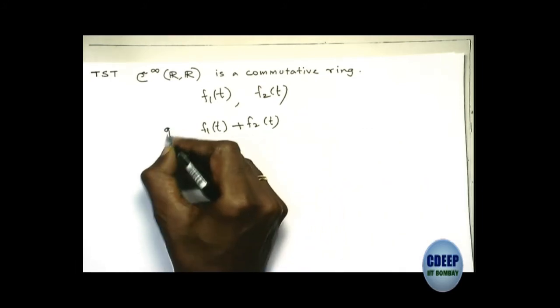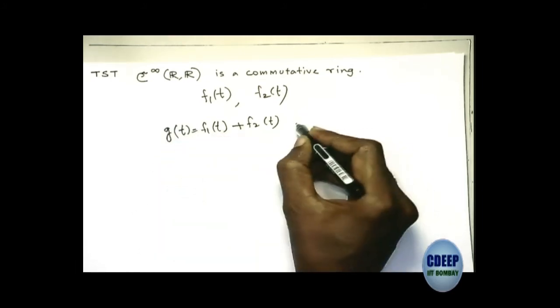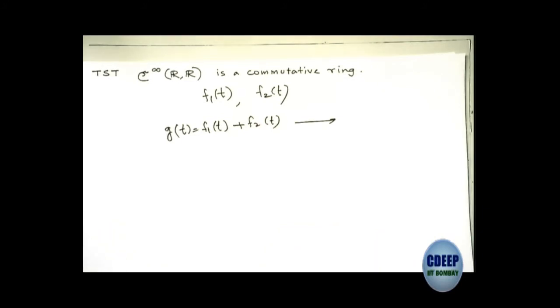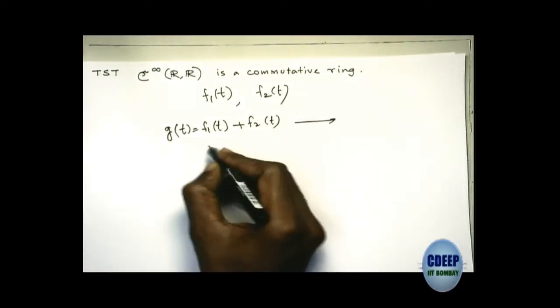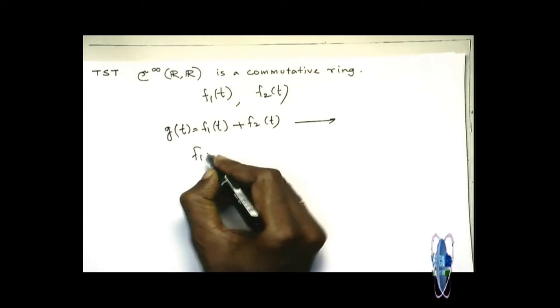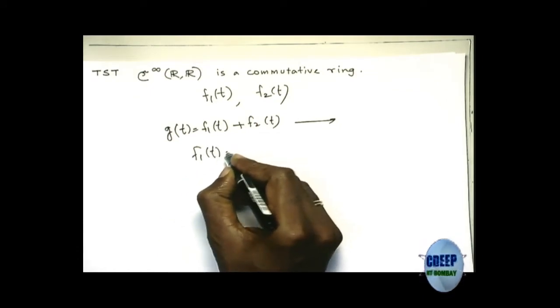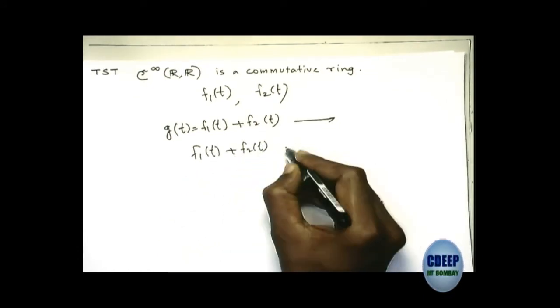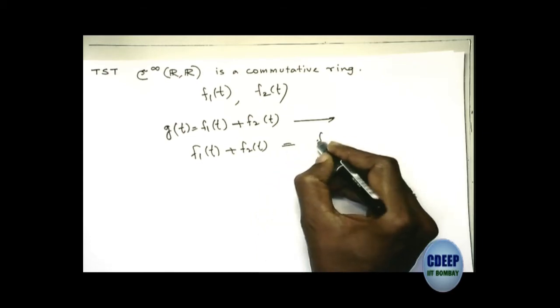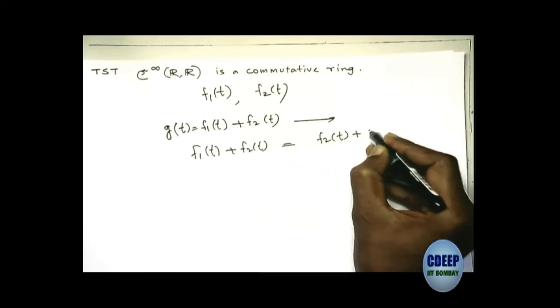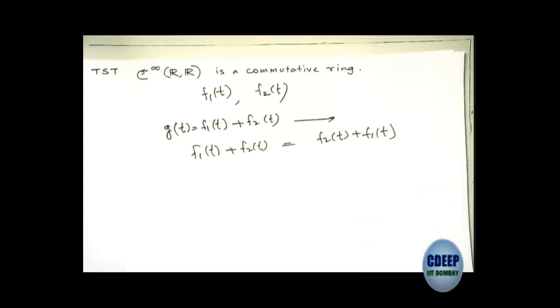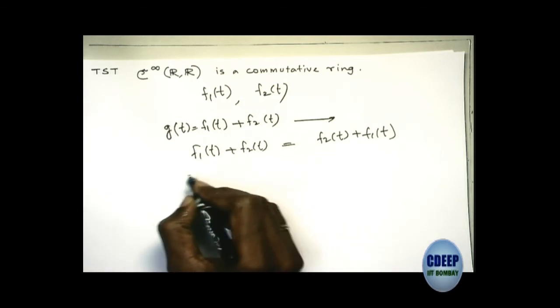So let us say g(t), this addition property is satisfied, and this commutative property also, f1(t) plus f2(t) is also equal to f2(t) plus f1(t). Addition is associative and commutative, that is also easily satisfied.